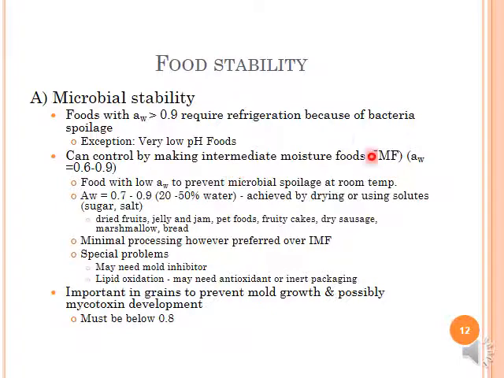For intermediate moisture food having water activity in the range of 0.6 to 0.9, again, refrigeration can help.